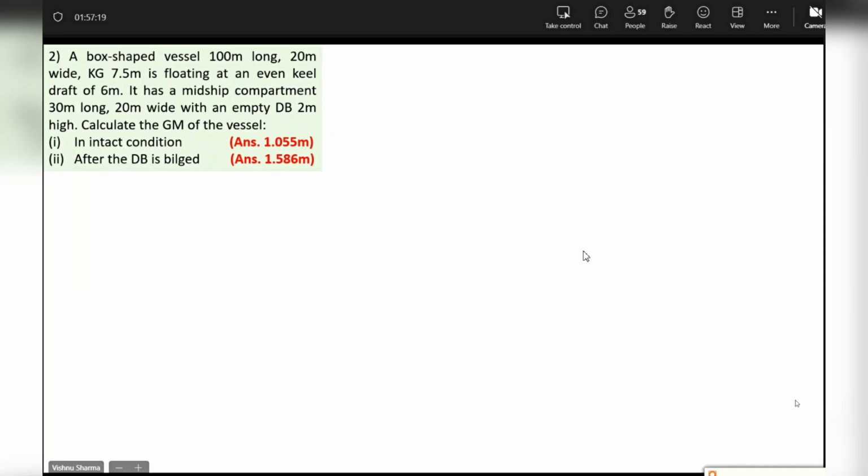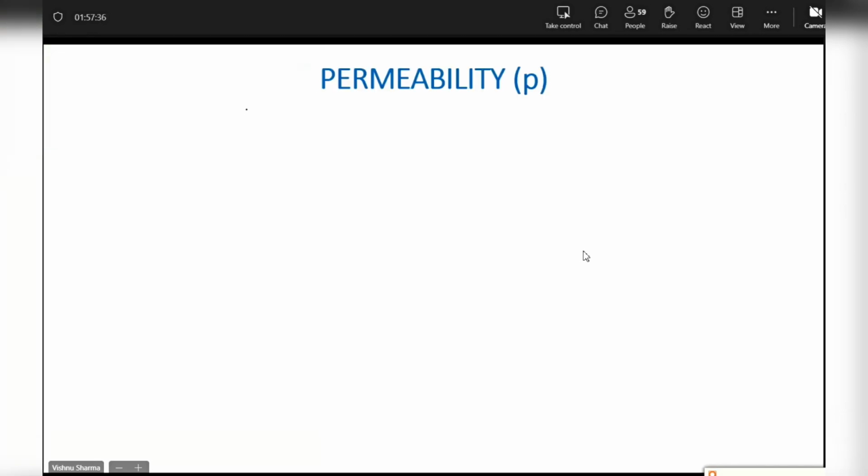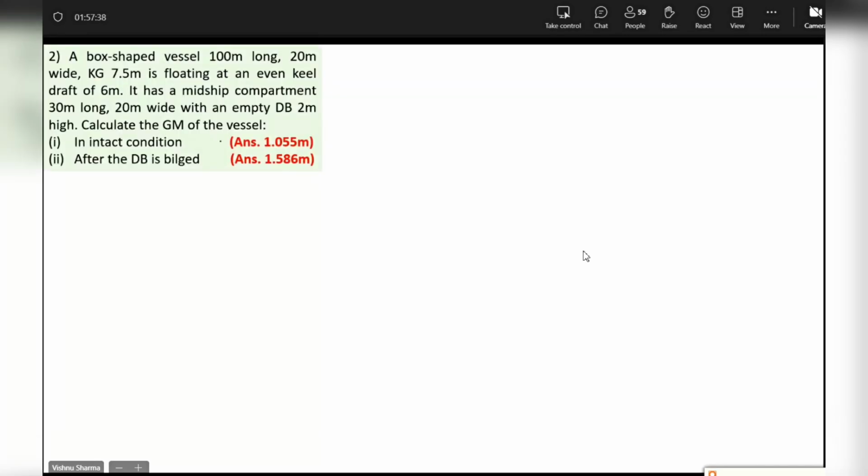In the intact condition, is there any change in the length, breadth, draft, anything, dimensions of the ship? So part A, the answer will be same. Yes or no? So we can skip part 1. Yes or no, beta? This answer is same as the previous question, right? Correct, guys? Yes, sir.